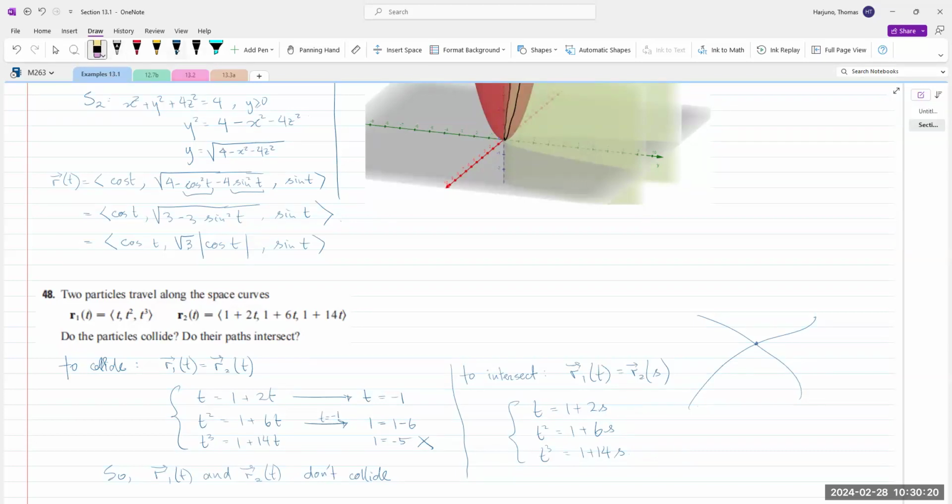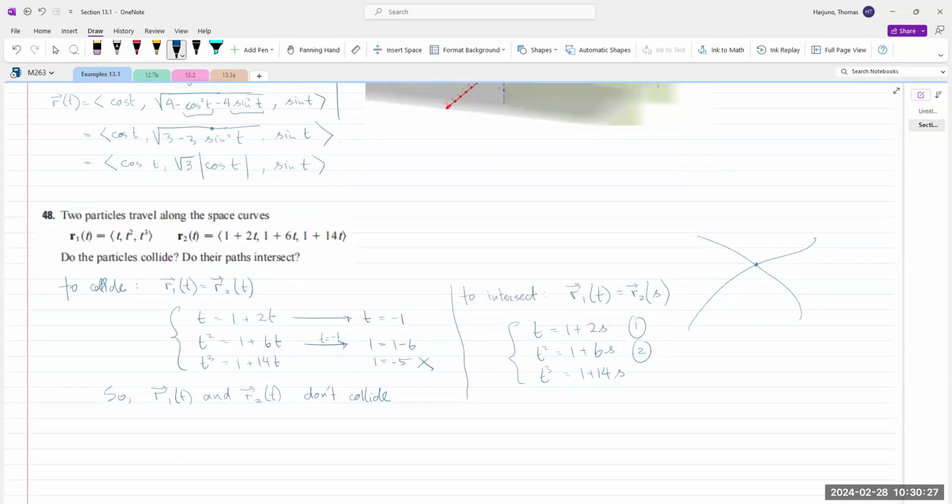So from equation number 1 going to equation number 2, we will get (1 plus 2s) squared equals 1 plus 6s. So 1 plus 4s plus 4s squared equals 1 plus 6s.